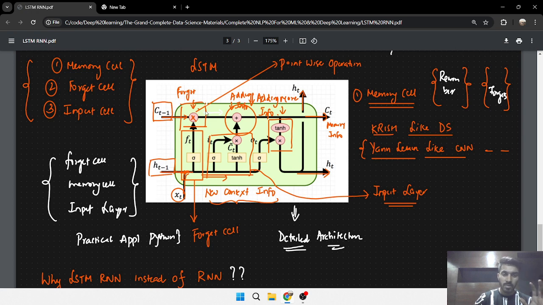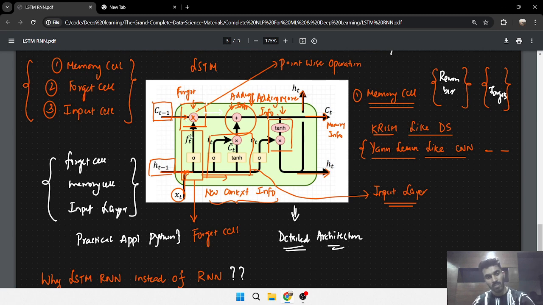That's how this will work. This is very important in the LSTM. This is the main thing you have to remember, the forget cell, because the whole operation of new information getting captured happens here. If the previous information is important, then it will stay, but if it is not important, then it will be removed.